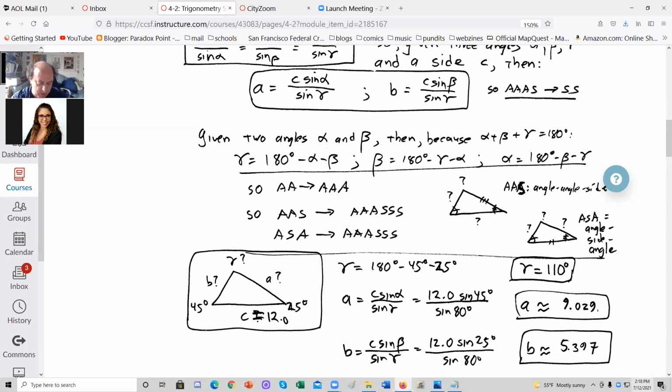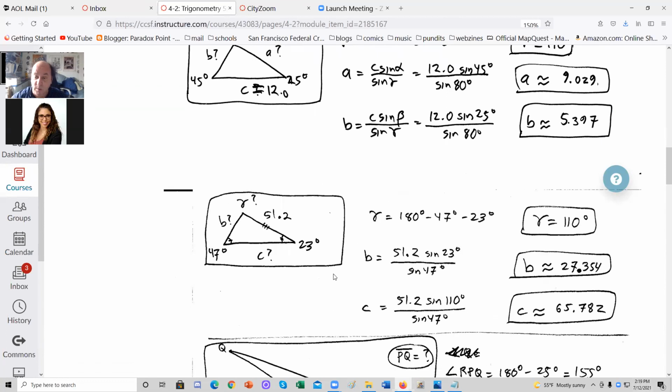Let's make sure I'm in the right mode. Okay, this is more like 7.97. This needs to be changed. Oh dear, and I bet the whole rest of them will be as well.